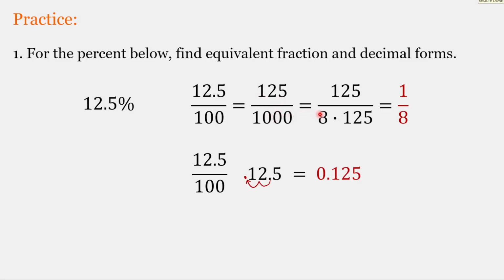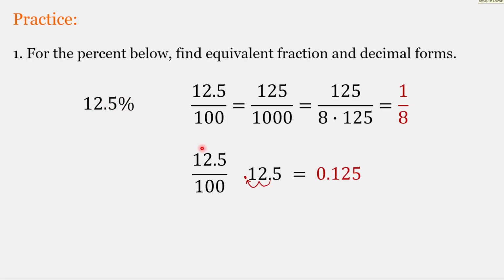Now in this lesson, we did not simplify down these fractions, but you can simplify down the fractions if you'd like. It's probably a good idea to. And 125 over 1,000 simplifies down to 1 over 8. So both 1 over 8 and 125 over 1,000 are equivalent fractions for 12.5%.